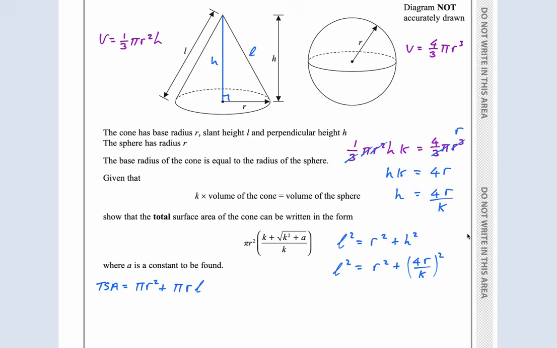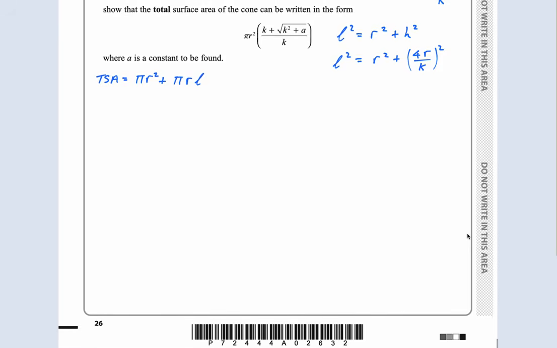Okay, now guys, I'm going to move down here and I'm going to turn this into this using this, right? So obviously not an easy question, guys. L squared is r squared plus, now let's expand this out. This is 16 r squared over k squared.